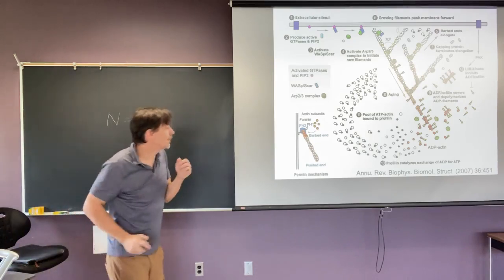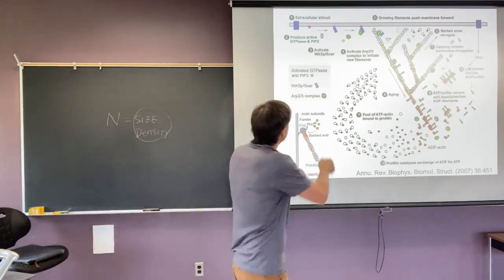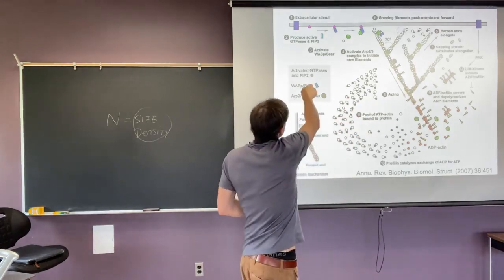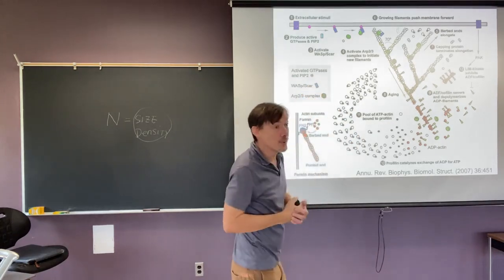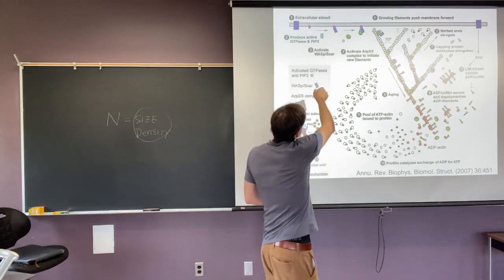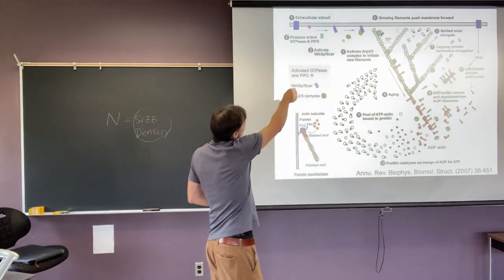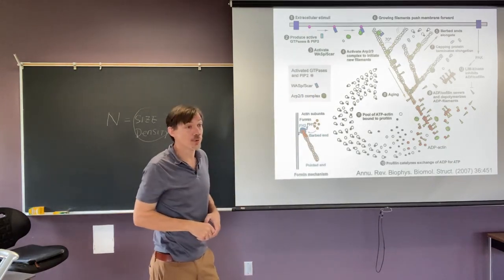So just to put this in context, we've got our plasma membrane up here at the top, and there's going to be a receptor here in blue. There's going to be some sort of extracellular stimuli that's going to come in, and what that does is it's going to activate different Rho family GTPases and also PIP2.